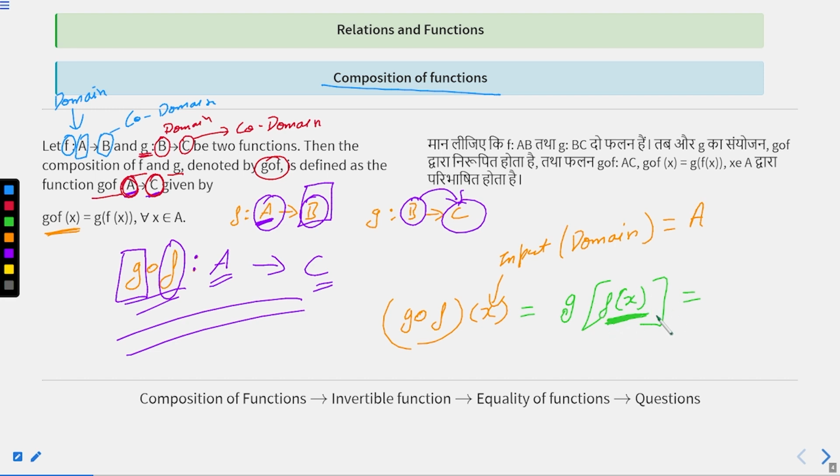You will see with examples. So I hope that it is clear.